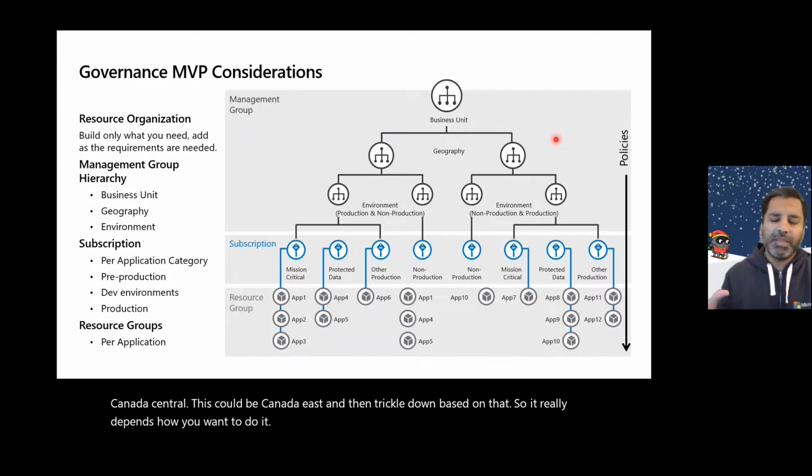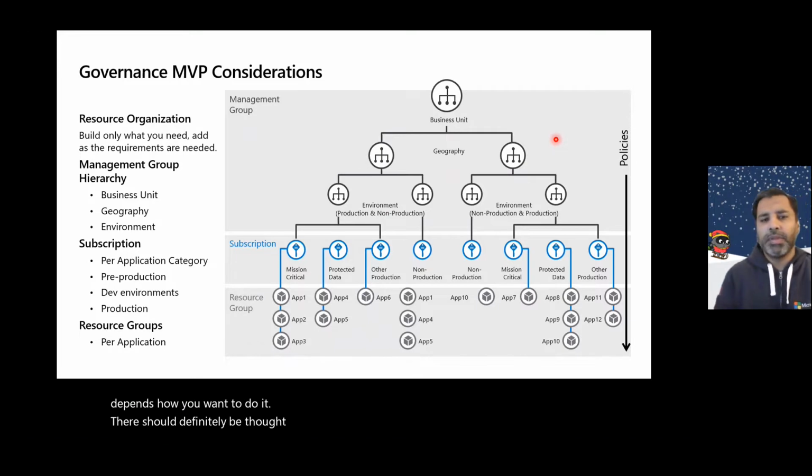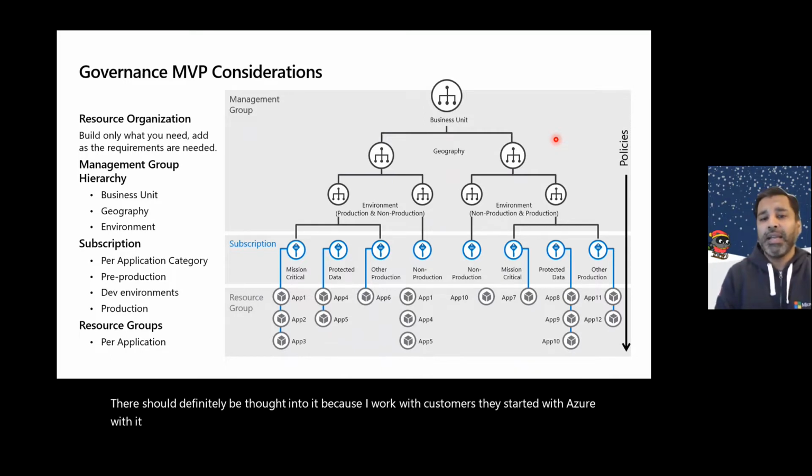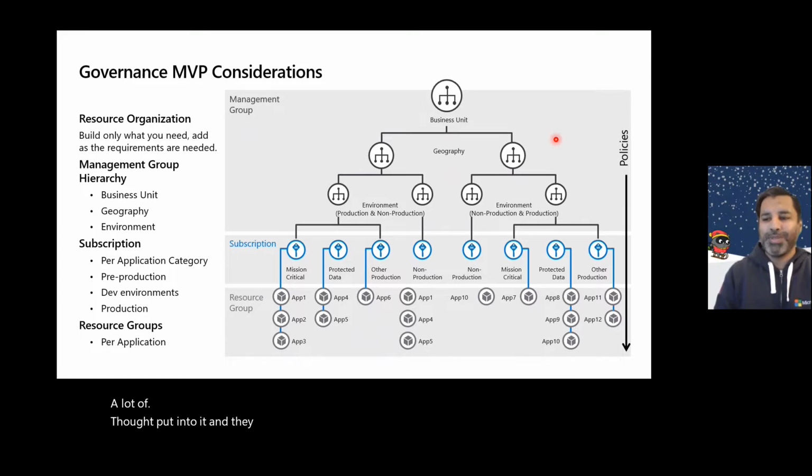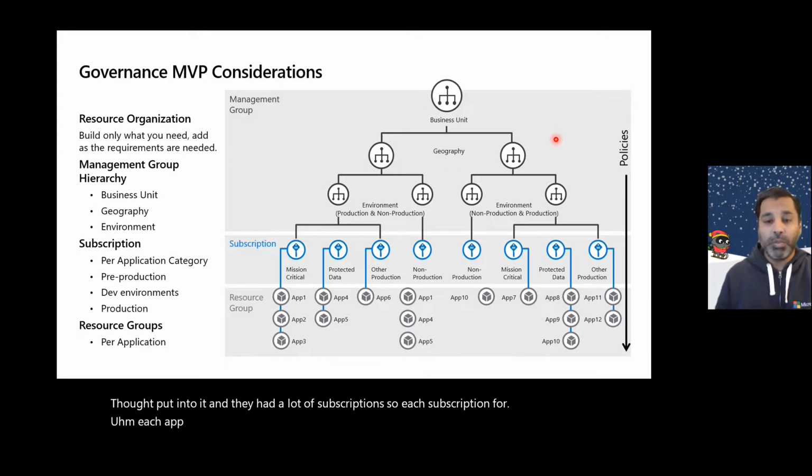There should definitely be thought put into it, because I work with customers who started with Azure without any planning, and they did not have a lot of thought put into it, and they had a lot of subscriptions. Each subscription for each application, that was way too much.